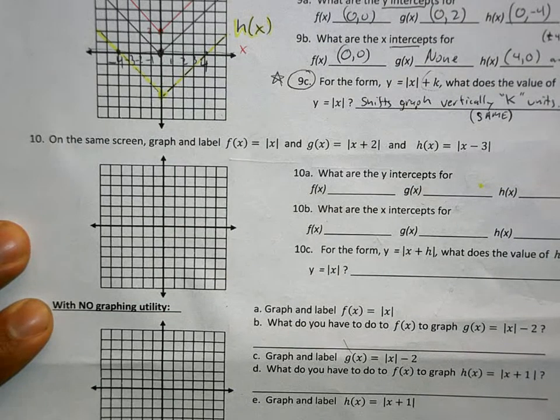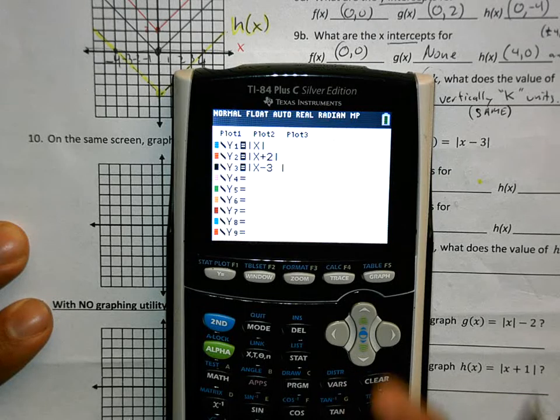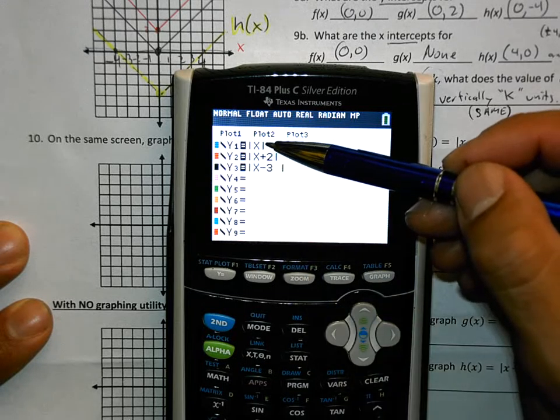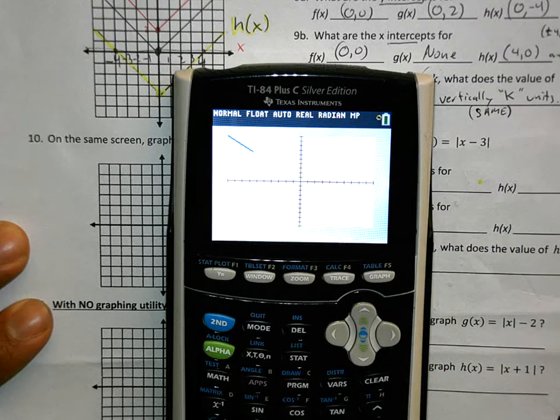And then I have to do x minus 3 inside the bracket this time. It's going to graph the first one in blue, the second one in red, and the third one in black. First one in blue, that's absolute value of x. Second one, x plus 2.